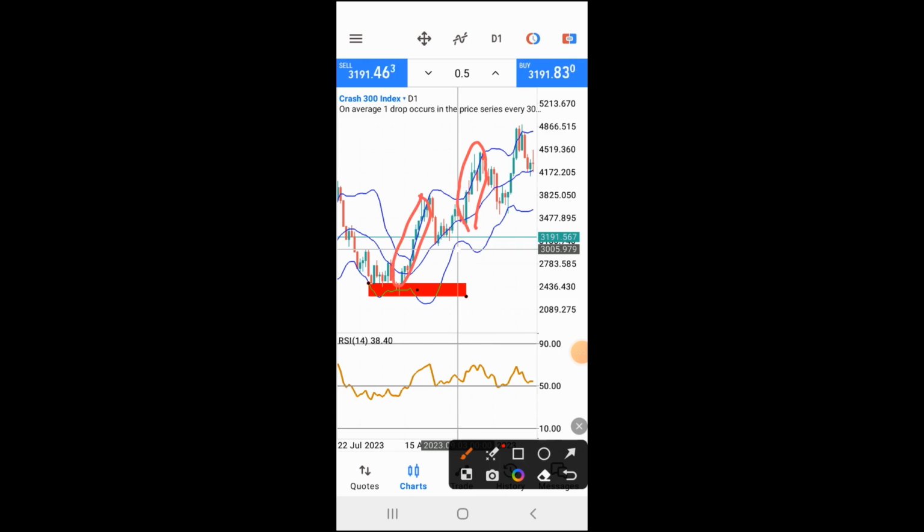So if it goes up, it must correct that movement, that impulsive move, which is by default. This is an impulsive move now. This particular one is not an impulsive move; this is a correction. The impulsive move always moves very fast, and that is the spike when it comes to trading Boom and Crash.